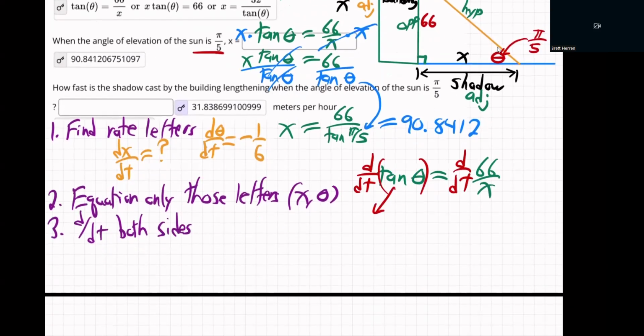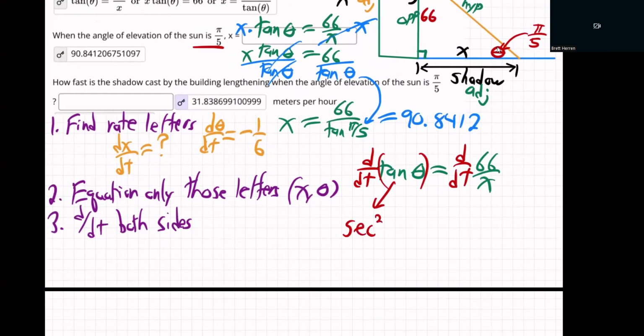What's the derivative of tangent? Tangent is secant squared theta times d theta dt because of the chain rule, right? Theta is not the same as t, so chain rule d theta dt. Did the outside, secant squared, keep the inside the same at first, times the derivative of the inside, d theta dt. Chain rule equals.